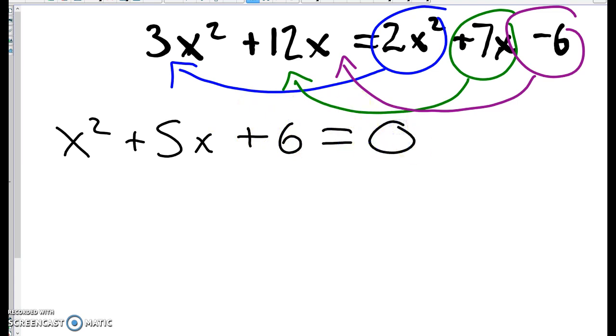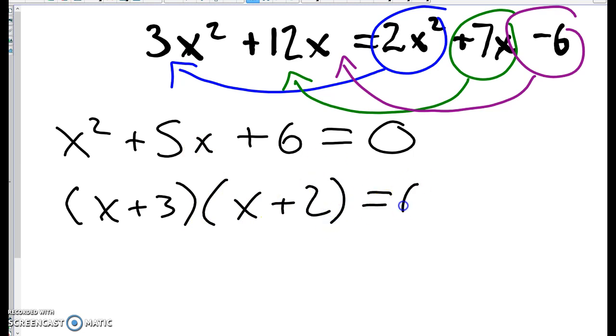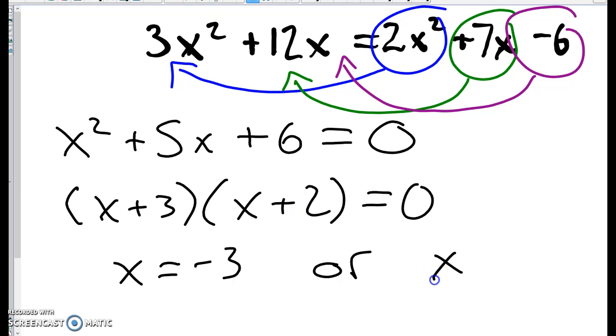And we're left with 0 on the right-hand side. So again, this is factorable. (x plus 3)(x plus 2) equals 0, which gives us, eventually after solving, x plus 3 equals 0 and x plus 2 equals 0, so x equals -3 and x equals -2.